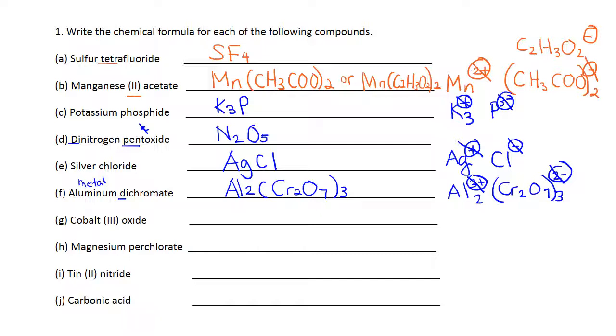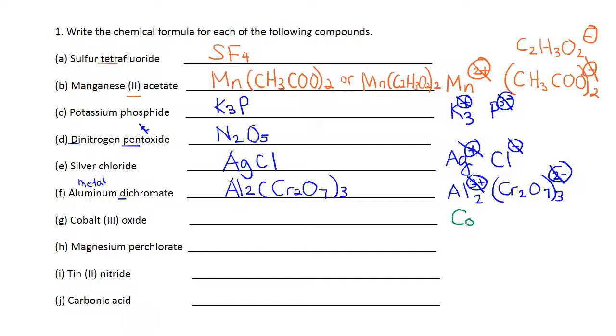Cobalt 3 oxide. Cobalt is a transition metal, so they give us the charge in Roman numeral, so that should be easy. And when you're writing cobalt, please make sure the o is lowercase, not uppercase, because then it looks like carbon monoxide, okay?